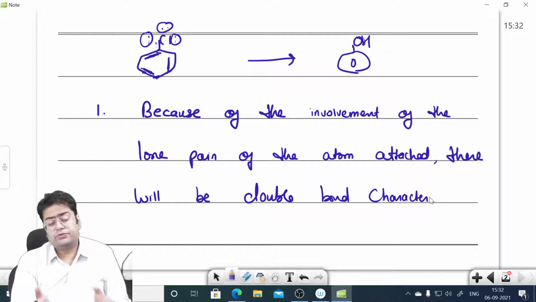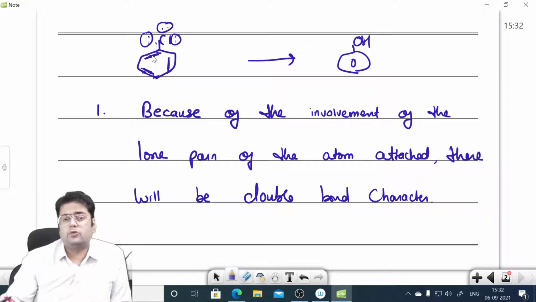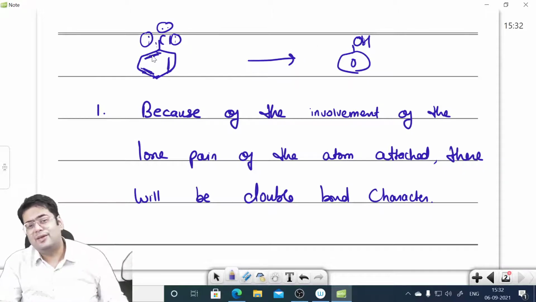And why is it so? Because there will be a strong bonding between this chlorine and this aromatic ring. Now, how can you separate them?